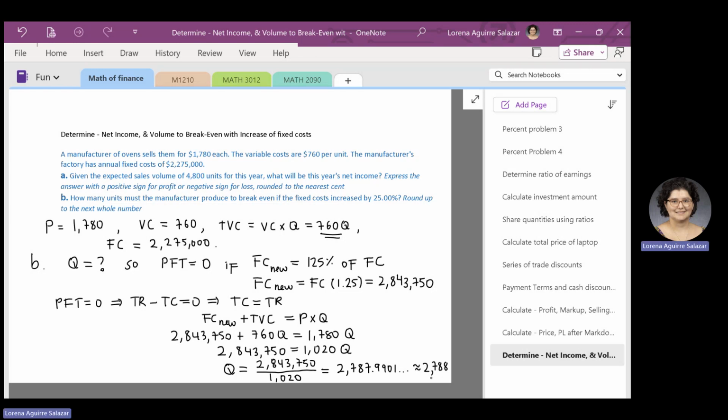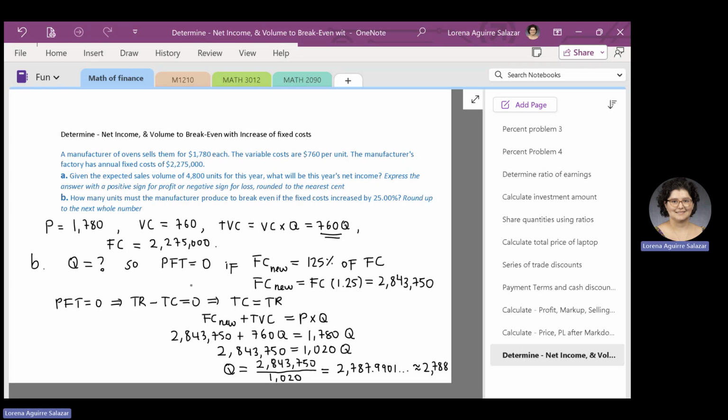When the number of units of the product produced and sold cover all the costs related to producing it, the business is said to break even. So the point at which the total revenue or total sales is equal to the total cost is known as the break-even point. At the break-even point, the profit or net income or loss is 0. So there is no profit made or loss incurred.